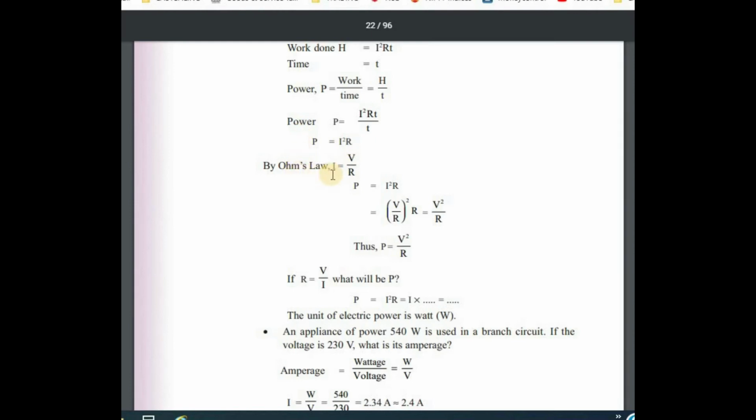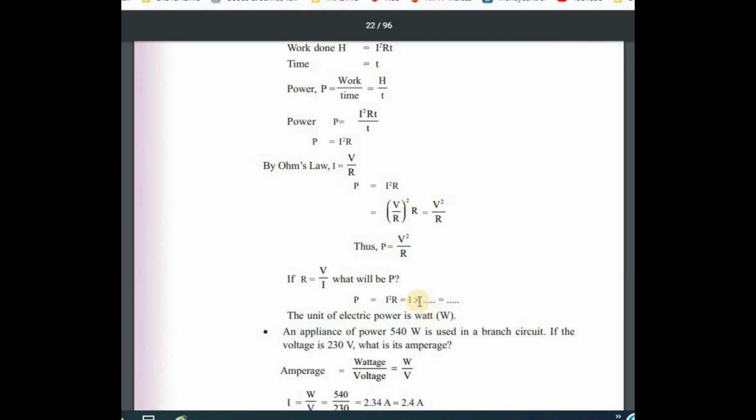Then we have from Ohm's law I is equal to V by R. Substituting in P is equal to I square R the value of V by R, we get V by R the whole square into R, V square by R square into R. One R cancels, and we get one more equation for P as V square by R. Then we have R is equal to V by I. Substituting here, P is equal to I square into V by I. One I in the numerator and one I in the denominator cancel.